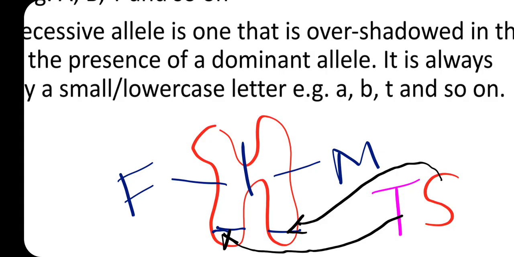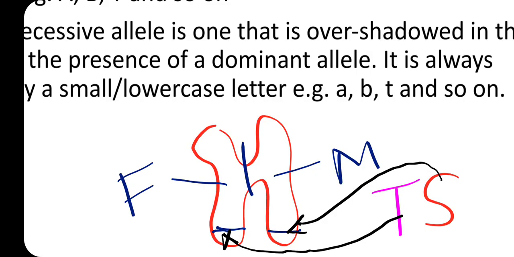So alleles are letters. An allele is simply an alternative form of a gene. We've got two letters because an individual will inherit two genes for one characteristic.